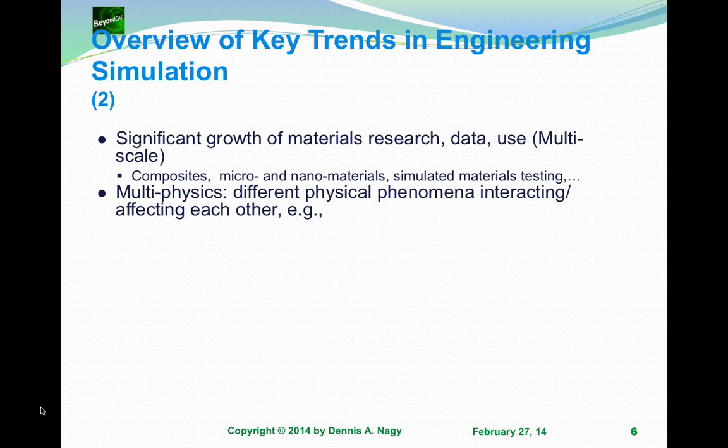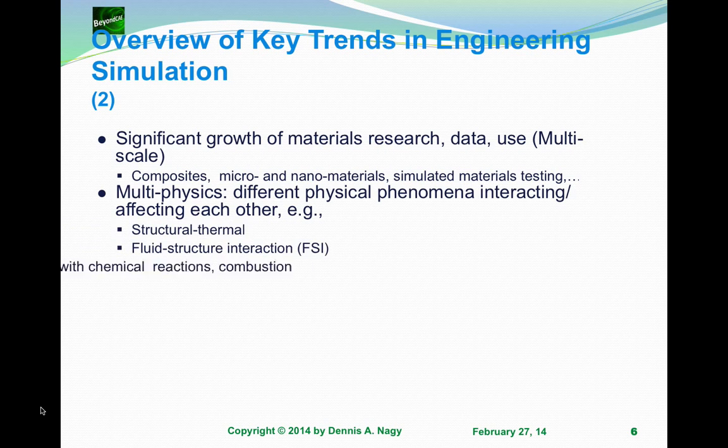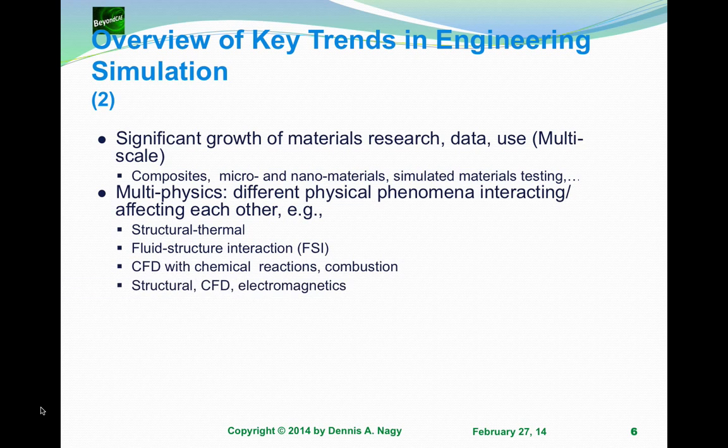Fluid structure interaction is becoming more commonly used and able to be used. Computational fluid dynamics linked with chemical reactions and combustion has been done for probably 10 to 15 years in some form, but it's getting more powerful, and a lot of development is still going on there.